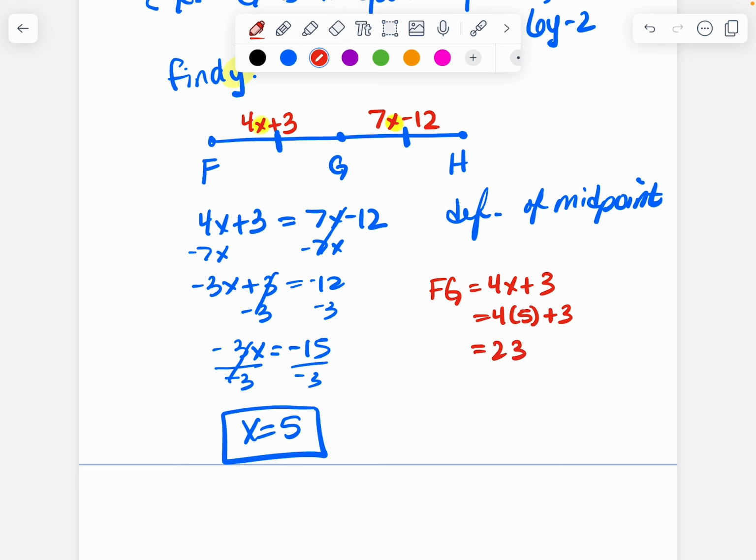It also tells me that GH, which is 7x minus 12, that's 7 times 5 minus 12, 35 minus 12, is also 23. That checks out because they have to be equal. So if this is 23 and this is 23, then what's the whole thing?